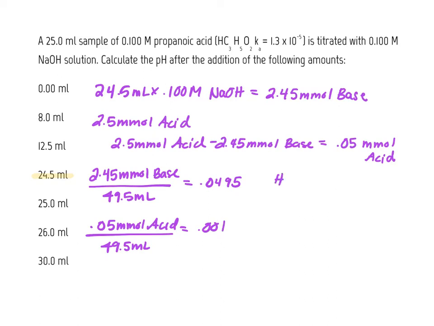We need to calculate the pH, so we're going to use the pKa value that we calculated previously, 4.89, plus the log of the base concentration over the acid concentration. So we get a pH of 6.6 there with sig figs.